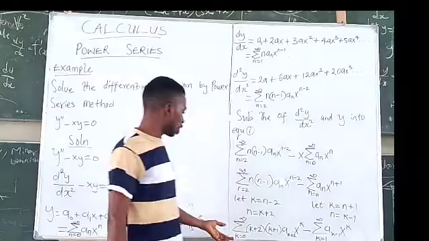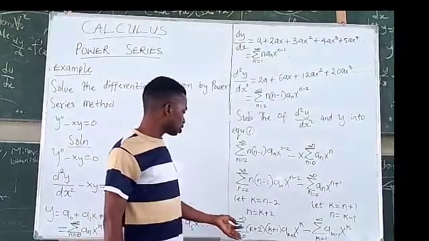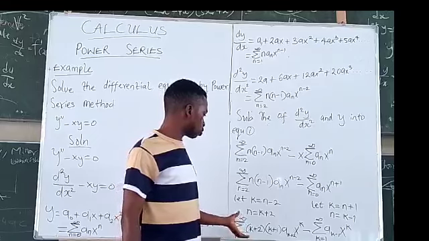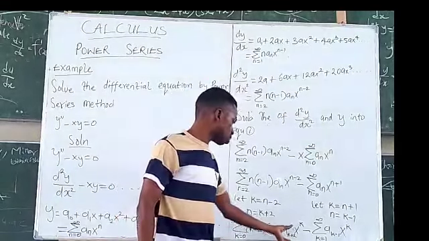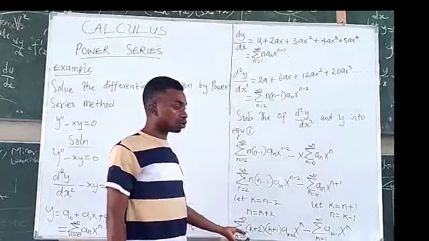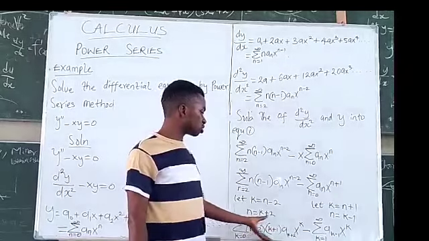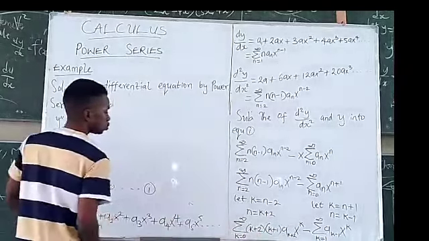Therefore, from this now, we can substitute k equal to 0 into this first part. Since this limit is 0 and this other one is 1, we are going to substitute 0 into this k first.